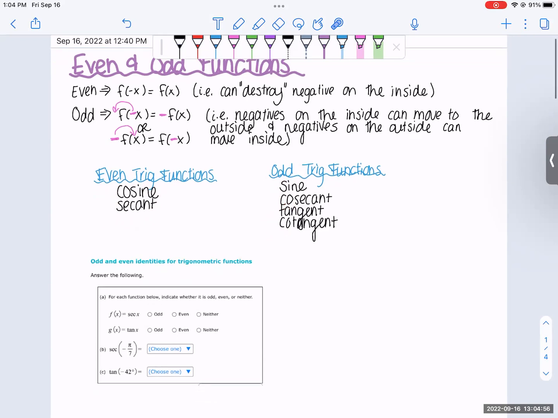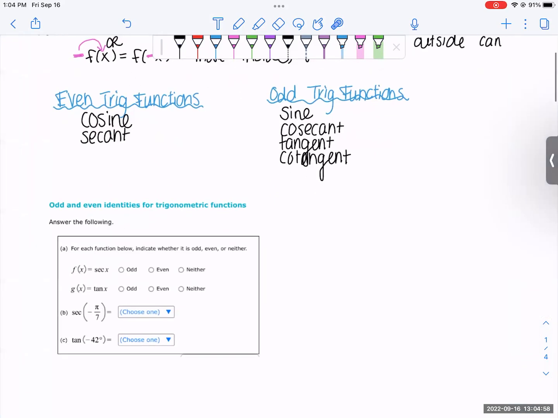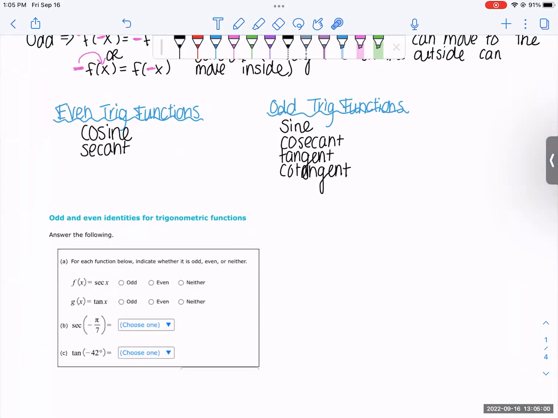So the problems on ALEKS look a little bit like this. You're asked whether it's even, odd, or neither, and then you have to rewrite each of these expressions using the even or odd property. So secant, we know that secant is an even function, and that means that it destroys negatives on the inside.